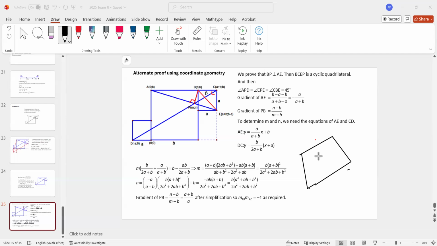So that is why this is cyclic, and conversely, if the opposite angles are supplementary, then it's a cyclic quadrilateral. Right, and then if you've got a cyclic quadrilateral, one of the interesting things is when you join the diagonals, lots of angles are equal. Those angles, to get that, from here you go right up to that and come back.